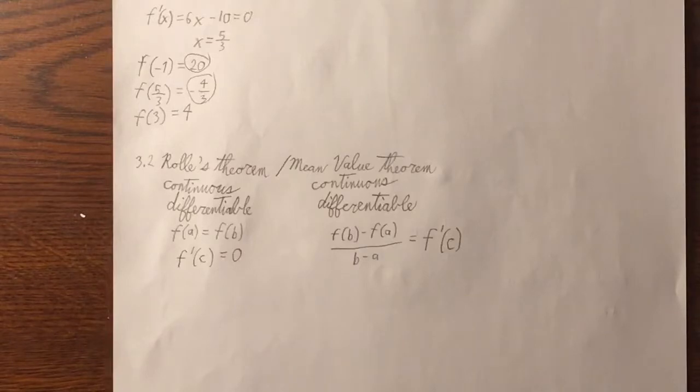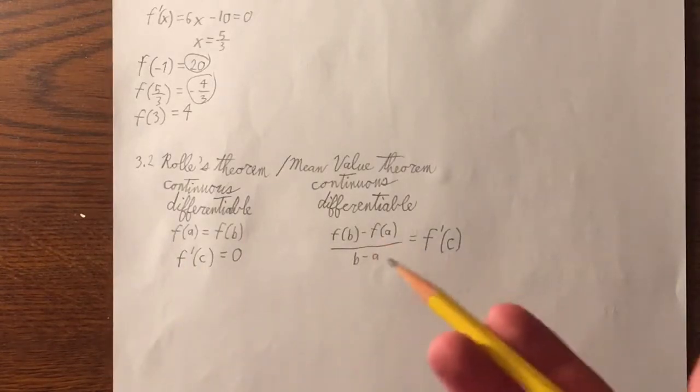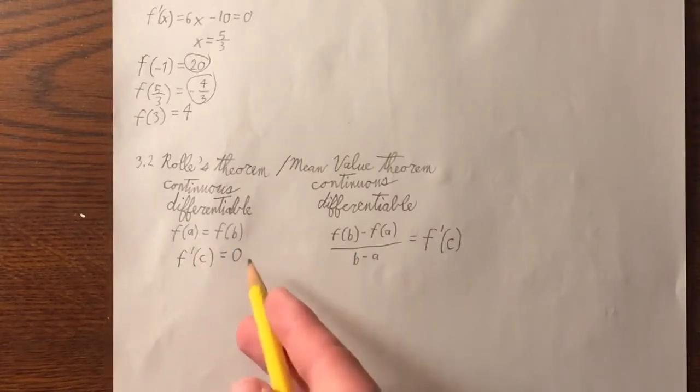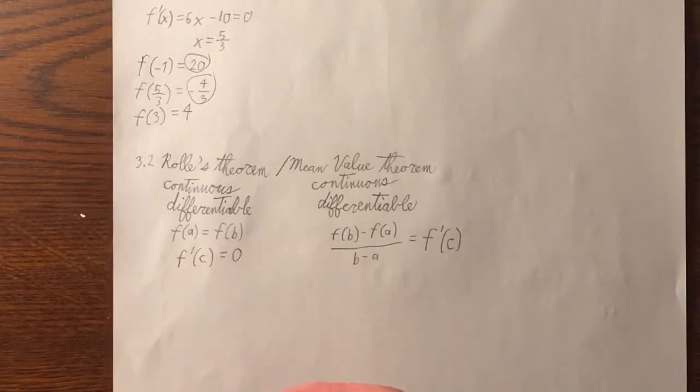By having the same y-coordinate, what you're doing is finding at which point there is a tangent line that has a slope of 0. In other words, you take the derivative of your original function, set that equal to 0, and solve.